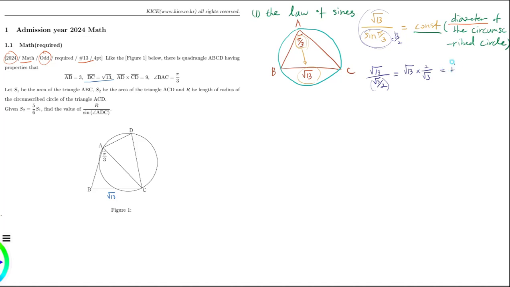This is the diameter of the circumcircle.